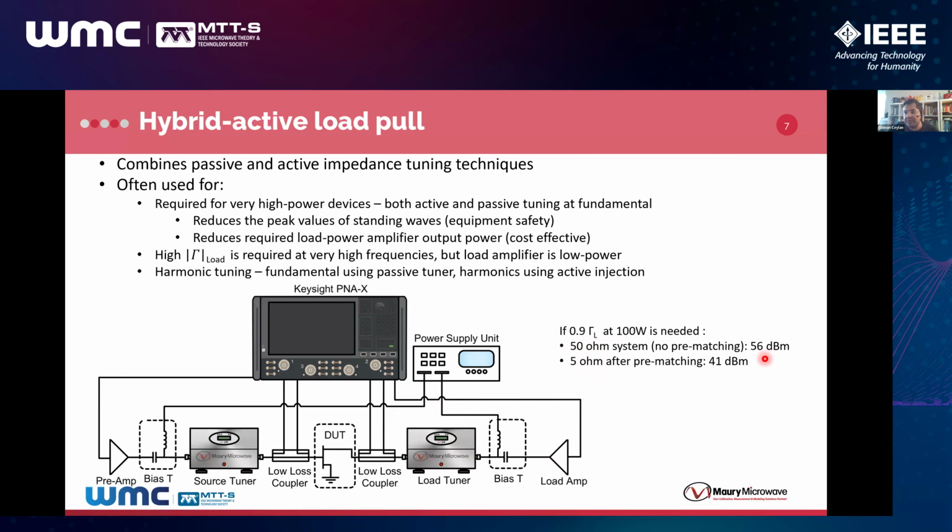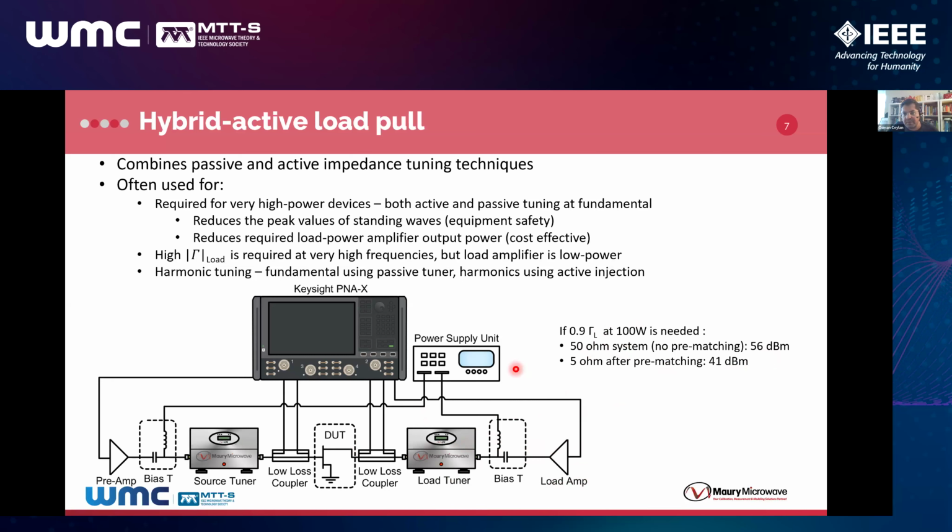You need 50 dBm plus insertion losses, which means you need almost a 1 kilowatt amplifier to drive your transistor. But power is not the only problem. When you consider a 1 kilowatt drive signal from here, standing waves might be really dangerous for some of the components here. This is a very important thing as well.